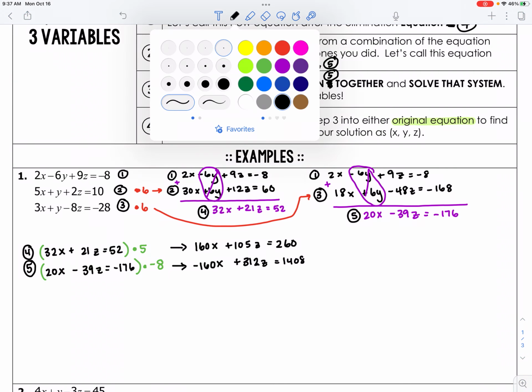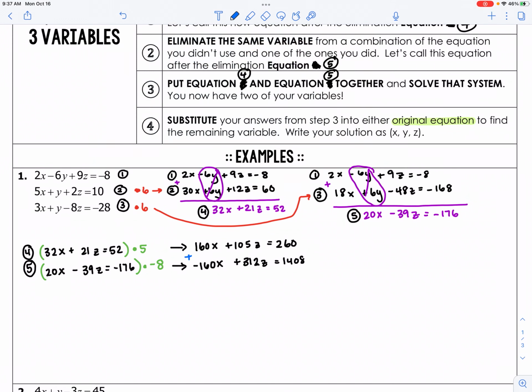And now when I add those together, we have our zero pair here, it cancels out, and we're left with 417z is equal to 1,668. And when we divide both sides by 417, we get z equals 4. So we have one of the three values for our solution.